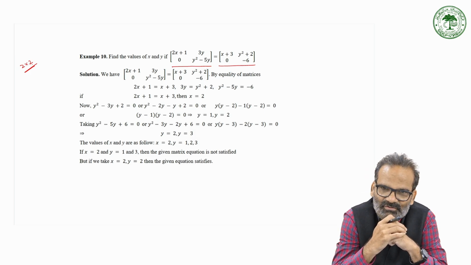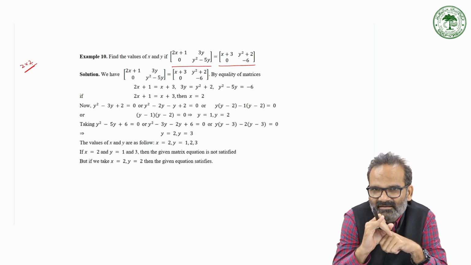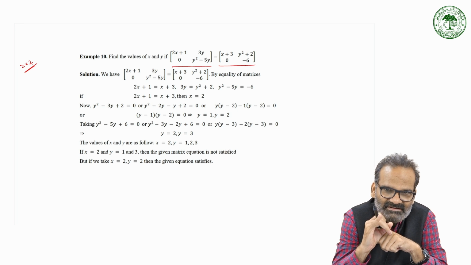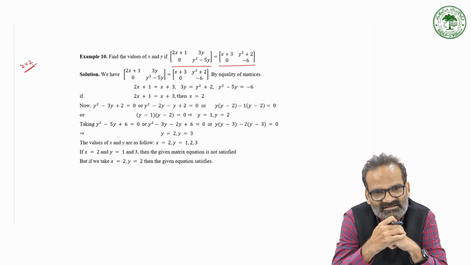And what is given to you? It is given that the matrix 1 is equals to matrix 2. And we know the two matrices are equal if, number 1, they are of the same order, and number 2, their corresponding elements must be equal.